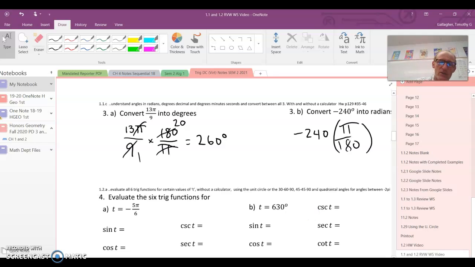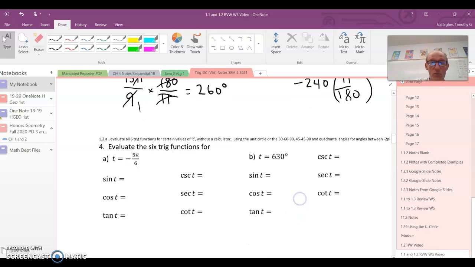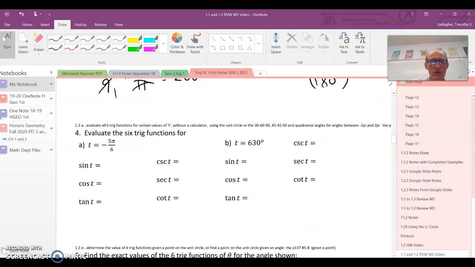The next thing you're going to do is evaluate. This is moving on to 1.2. Evaluate the 6 trig functions for the value of t that you're given.